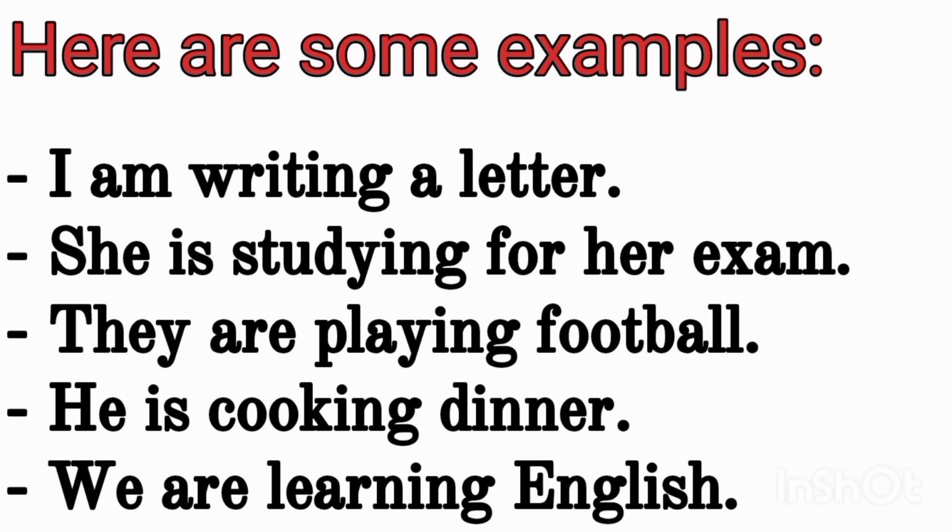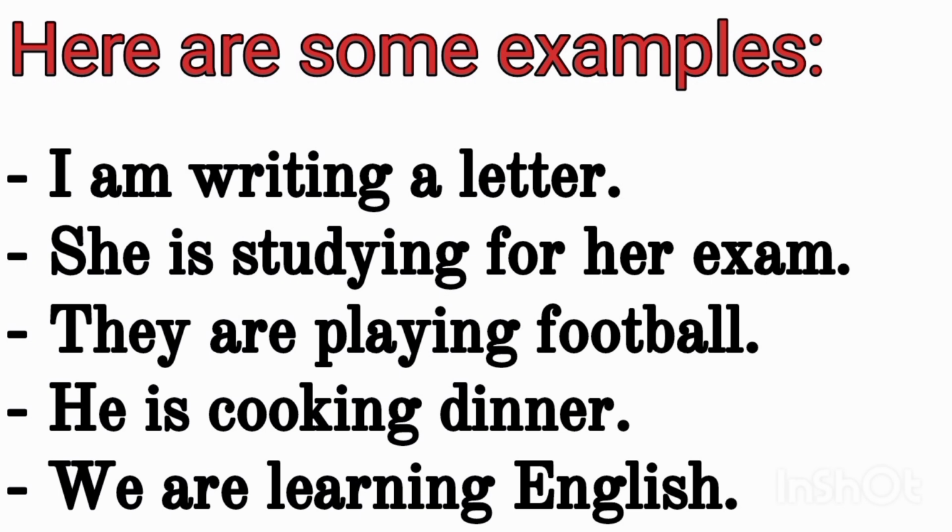They are playing football. Playing here is a verb, and we use the ing form with the verb. He's cooking dinner. Cook is a verb, but we add is because of the continuous form.